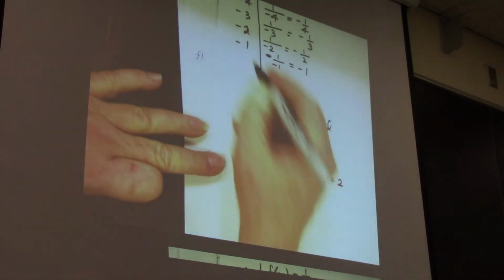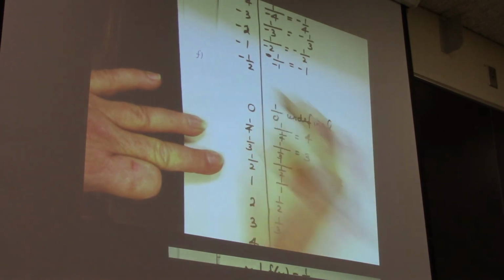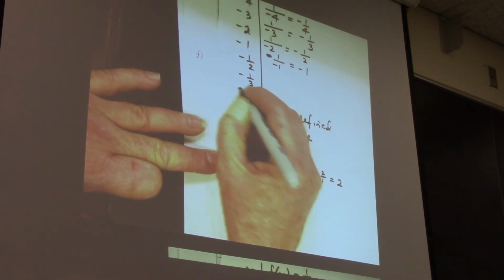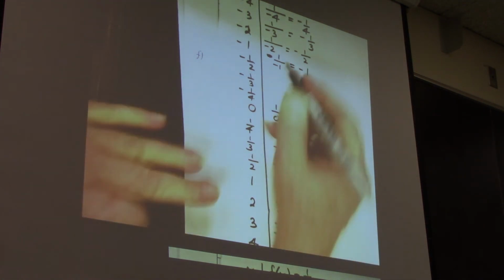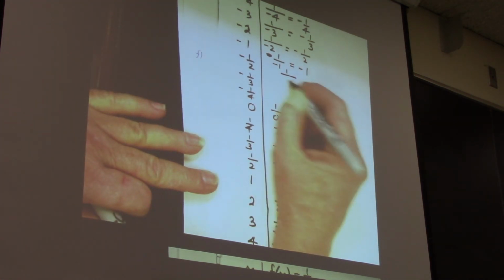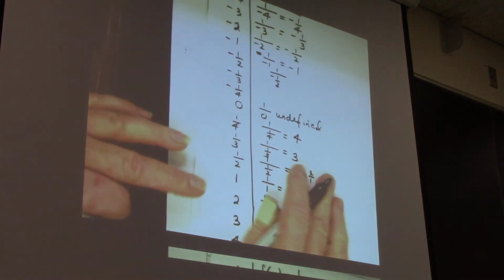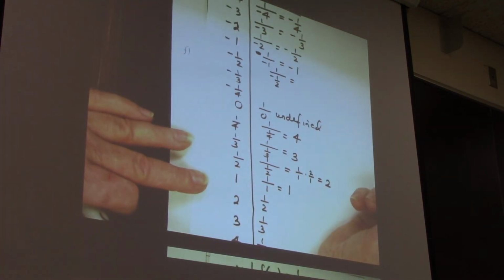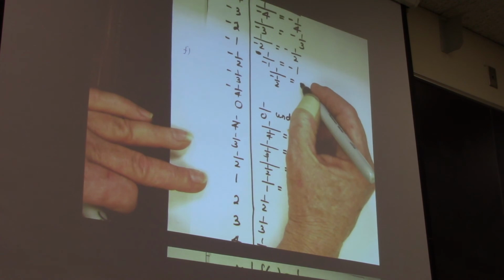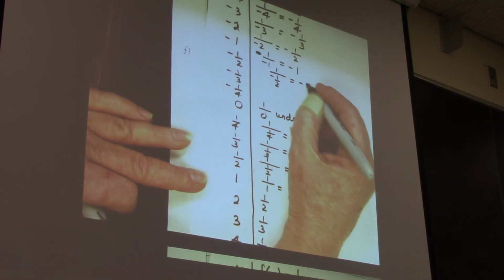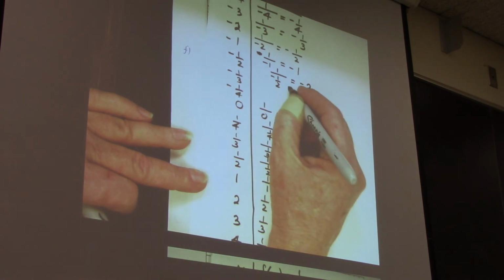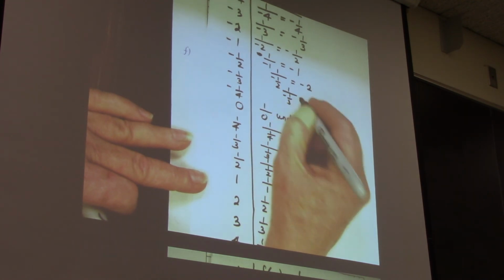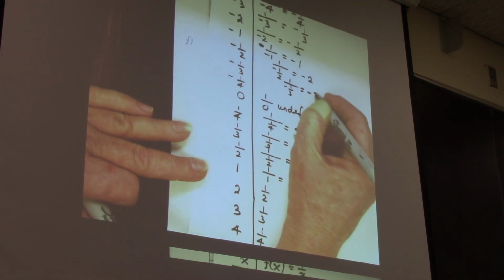So say I choose x equals -1/2, -1/3, -1/4. If x is -1/2, y is 1 over -1/2, which is -2. When x is -1/3, I'm sort of out of room, 1 over -1/3 is -3.